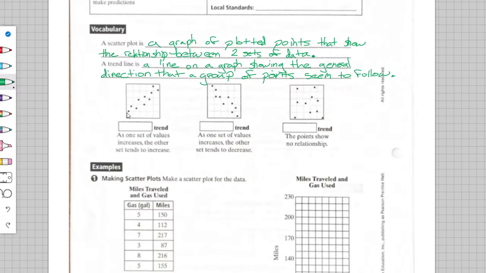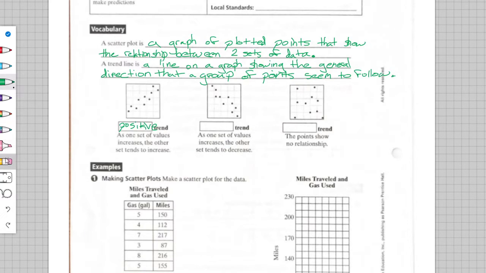So if you have a trend that as your horizontal increases, your y, your vertical increases, that is also going to be a positive trend. So it looks just like a positive slope. A positive trend will have a positive slope. So as one set of the values increases, the other set tends to increase.